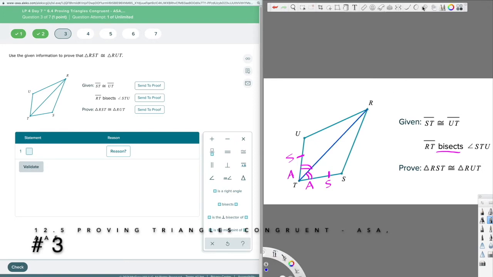So as soon as I have a shared side, I know that RT is congruent to RT. So this gives me a side. So now I have side angle side and side angle side. I'm just using the arrows to show you how I'm reading that. So the two triangles are congruent using side angle side. So again, the title should give us a clue as to what to do, but it's not a promise that we're not going to use something else.